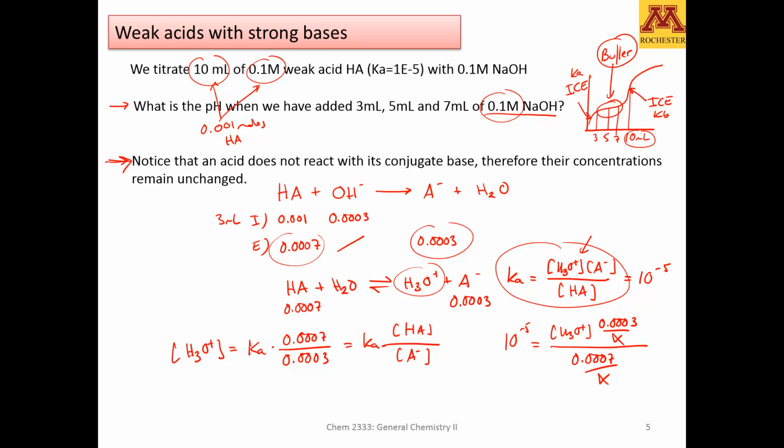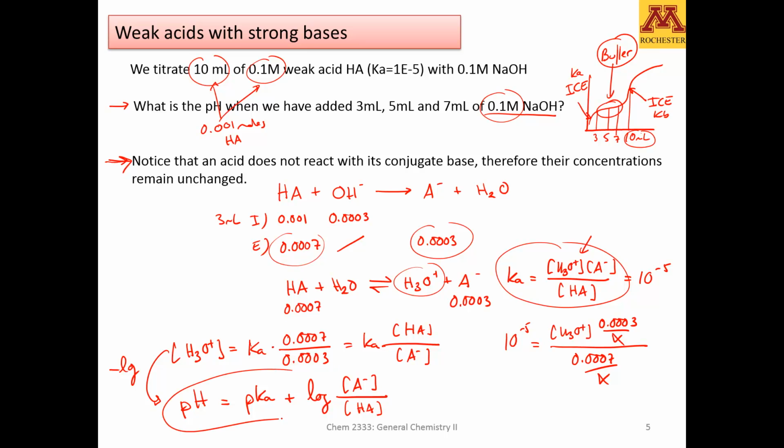There is, however, a more famous equation, which uses logarithms. If you take the minus logarithm on both sides of this equation, you'll get the following. pH is equal to the negative log of Ka, that's called pKa, and the log of a product is the summation of logs. Because we have to flip it, this should be the log of the concentration of A minus over HA.